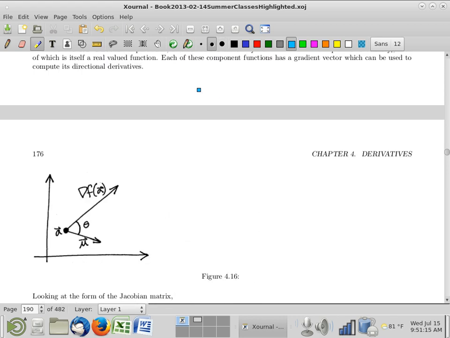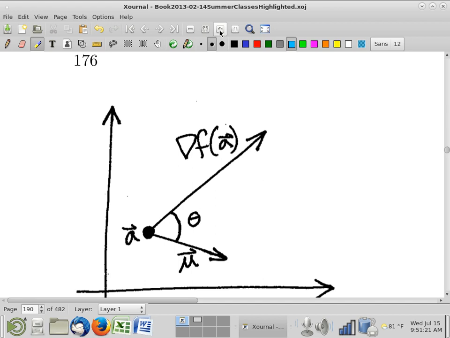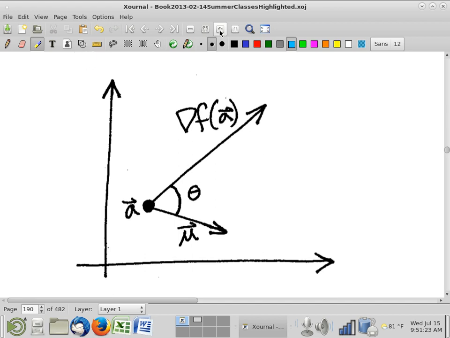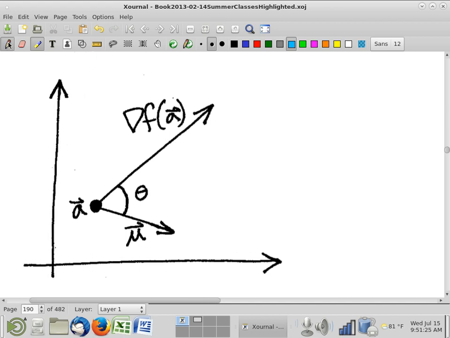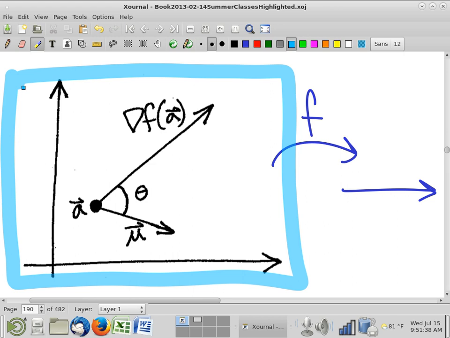I want to come up to this picture actually and pose an interesting geometric question. So I'm going to consider a function f. I'm looking at the domain here, so all of what we're going to be looking at is taking place in the domain of this real-valued function f.